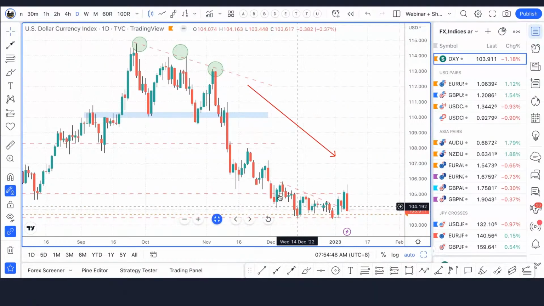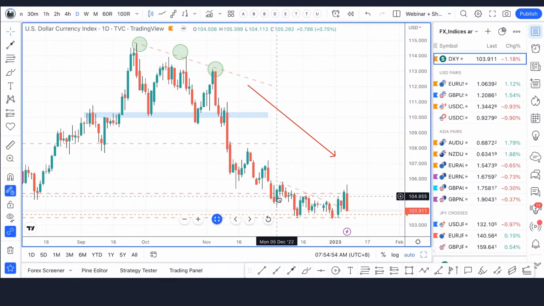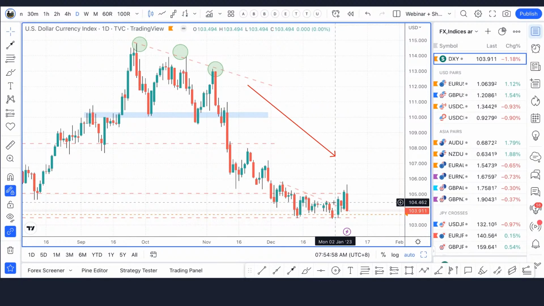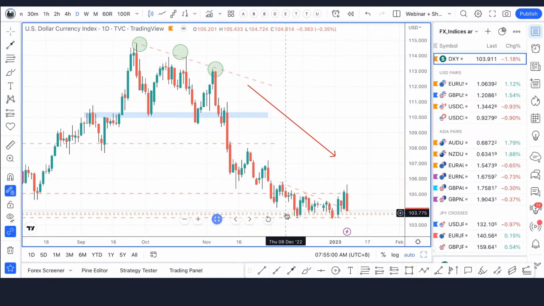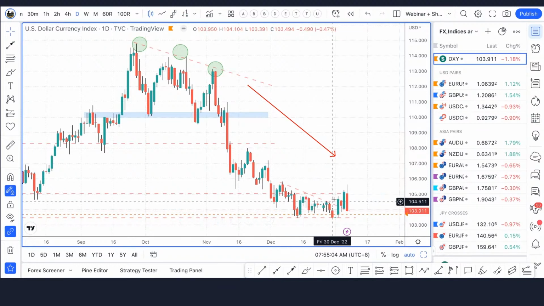So pretty much it started to consolidate a bit on the side for the last month of December, and till now it's still pretty much in a sideways movement.